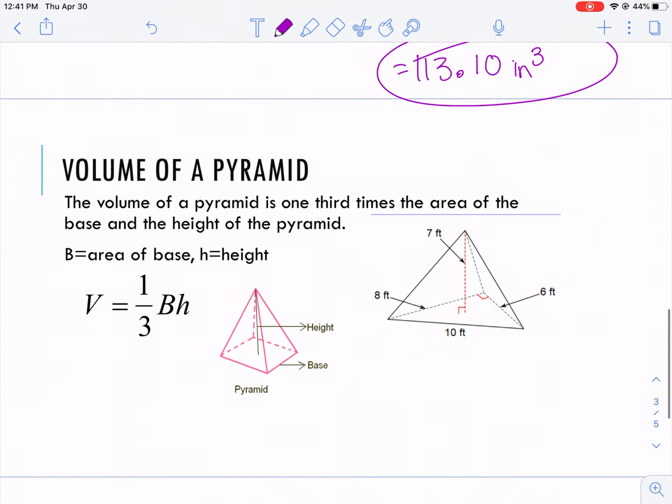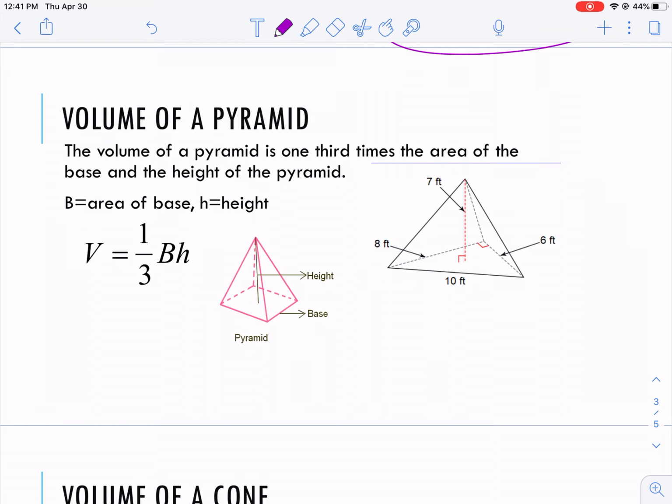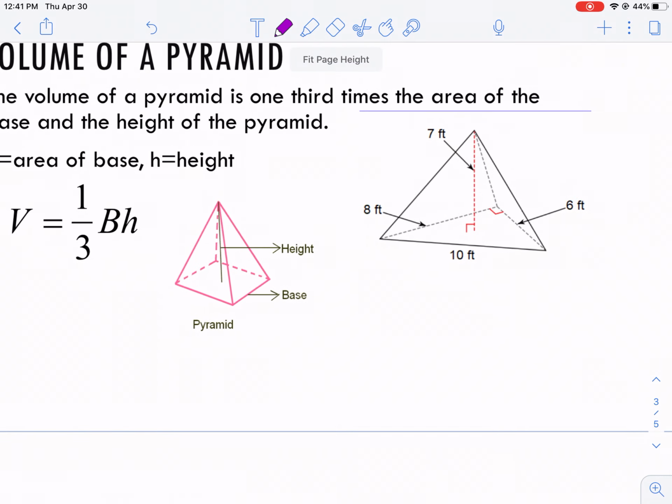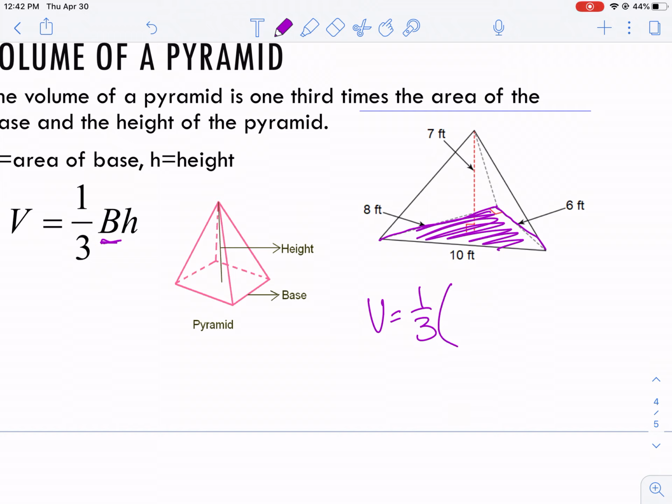Okay. All right. So volume of a pyramid. These ones are a little bit more confusing, I think, just because pyramids are kind of weird to see. So the base, in this case, is this bottom right triangle, okay? So to find the area of that base, we'll think about how do you find the area of a triangle.